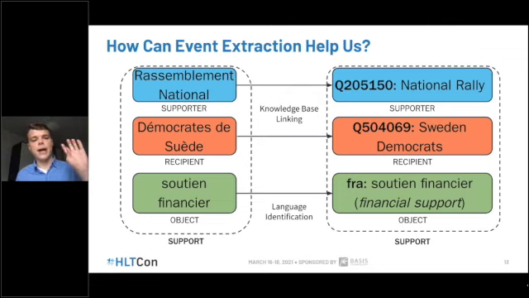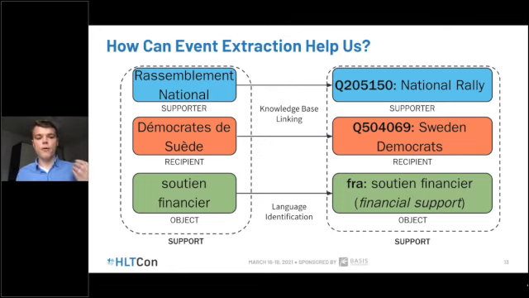So here you would have the context in which Rassemblement National and Démocrates de Suède appeared in the original document, and those would be linked to these concrete knowledge base identifiers that just universally represent the notion of the French party and the Swedish party.